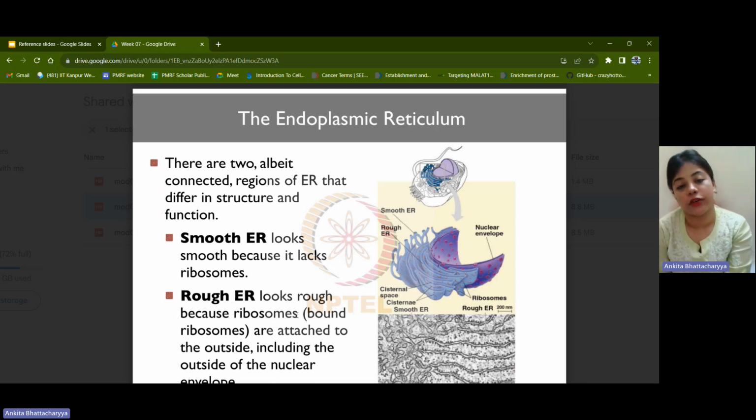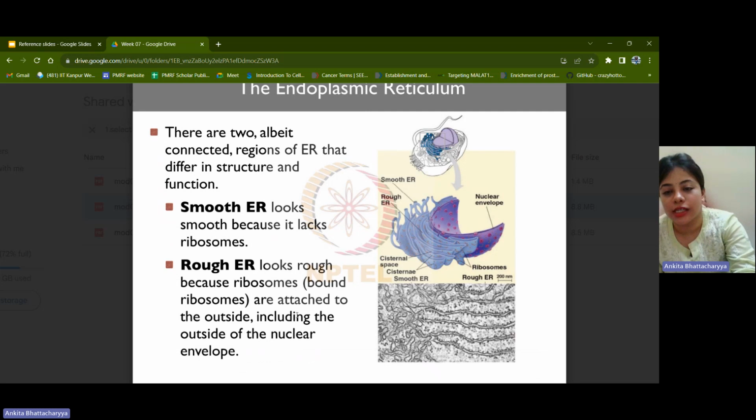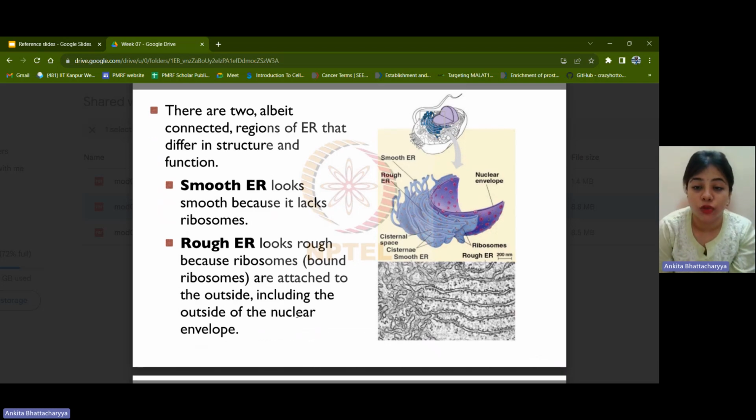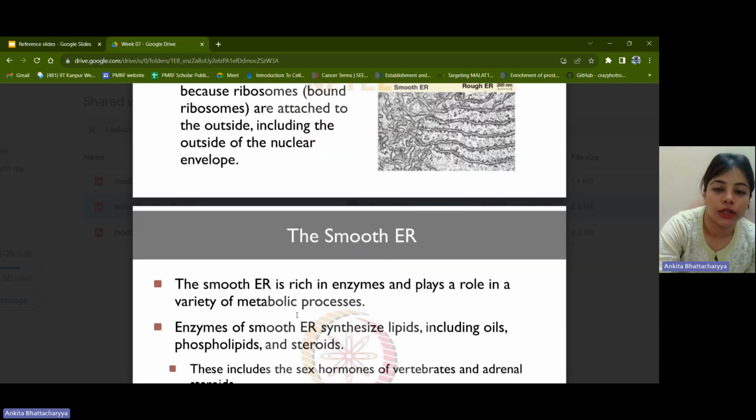They include the outside of the nuclear envelope. So you can see an electron microscopy image where you can see these teeny tiny dot structures present all over, and that is representative of the rough endoplasmic reticulum. So that is how the nomenclature, I believe, was brought about.